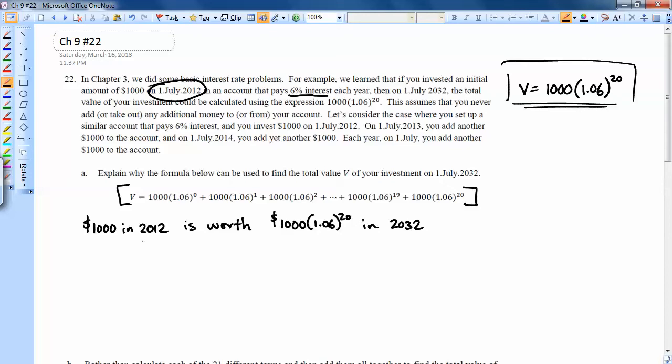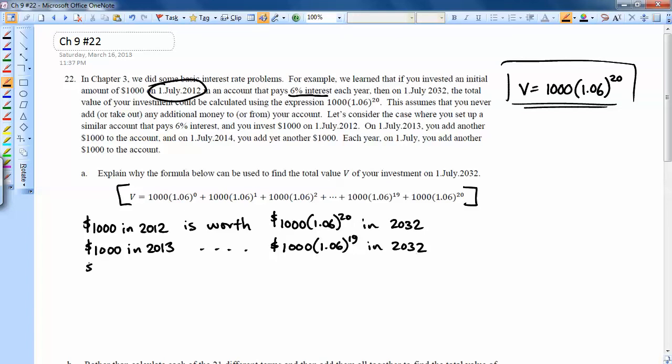And then in 2013, you invest $1,000 in the same account. So you add this to it, right? But that's worth 1,000 times 1.06. Now this was invested for one less year, so it only has 19 years to get interest on it. So that's going to be in 2032.